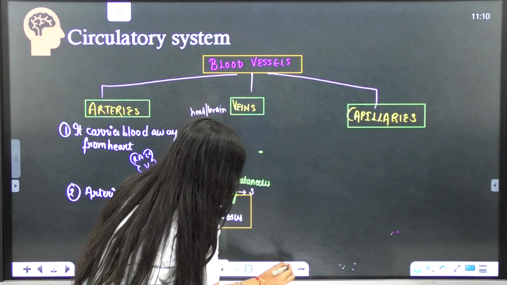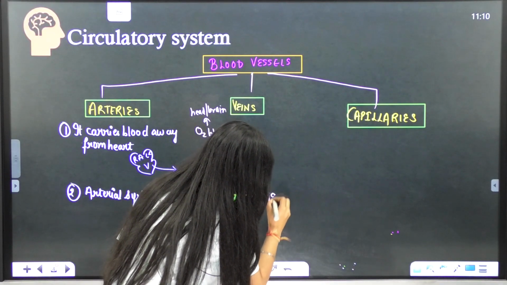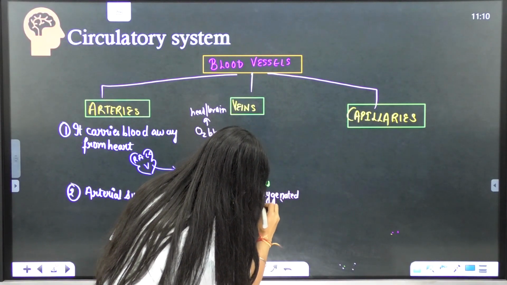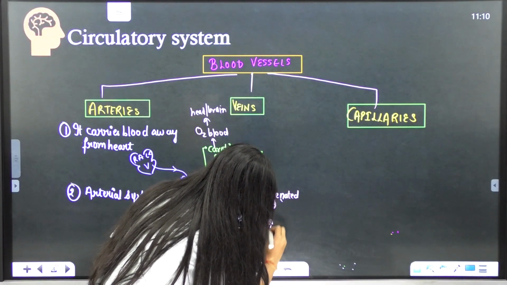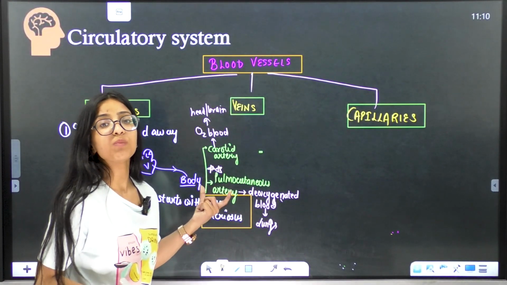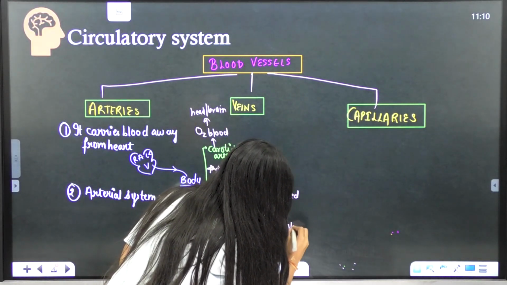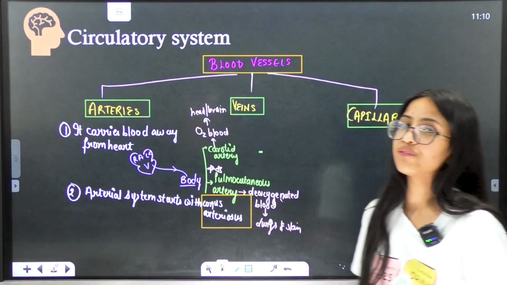We will write it carries deoxygenated blood where? To lungs. It is clear. Pulmo means lungs, cutaneous means skin. Okay, to lungs and skin. This was all about the arterial system in frog.